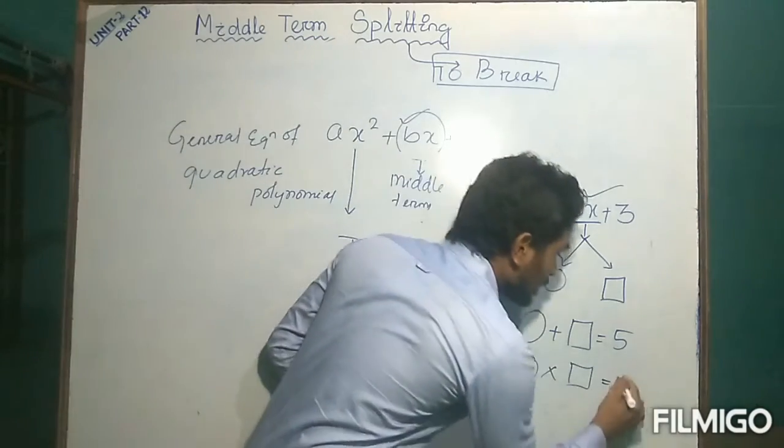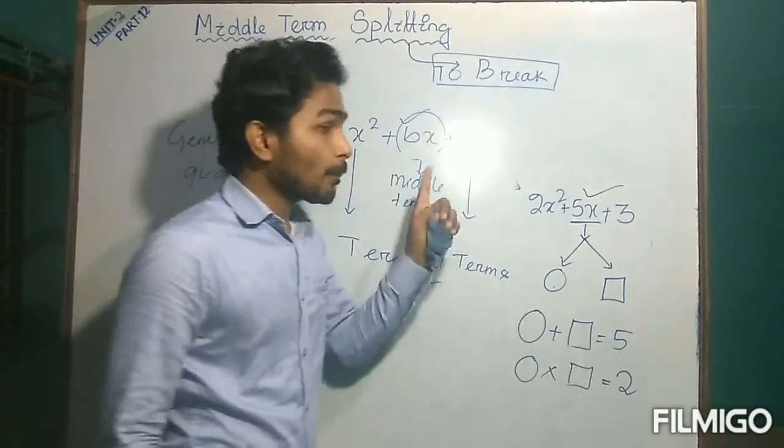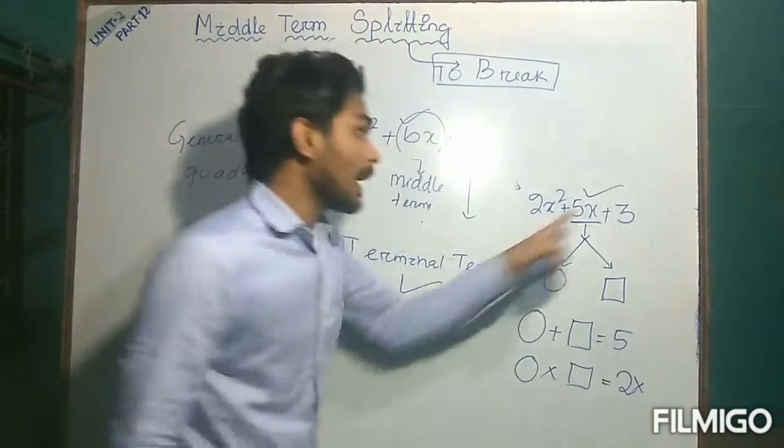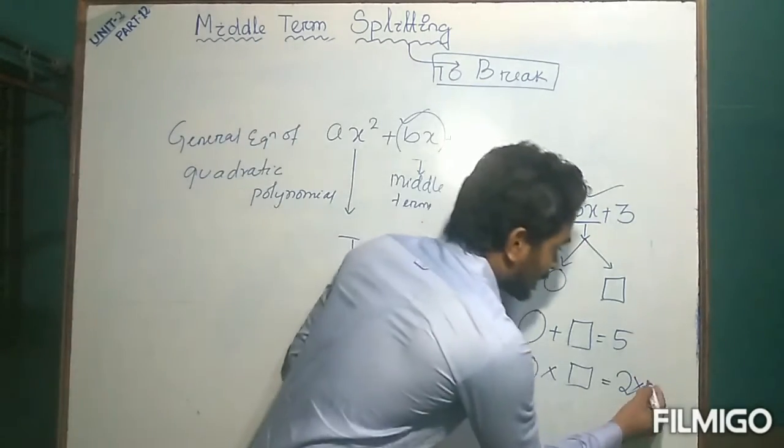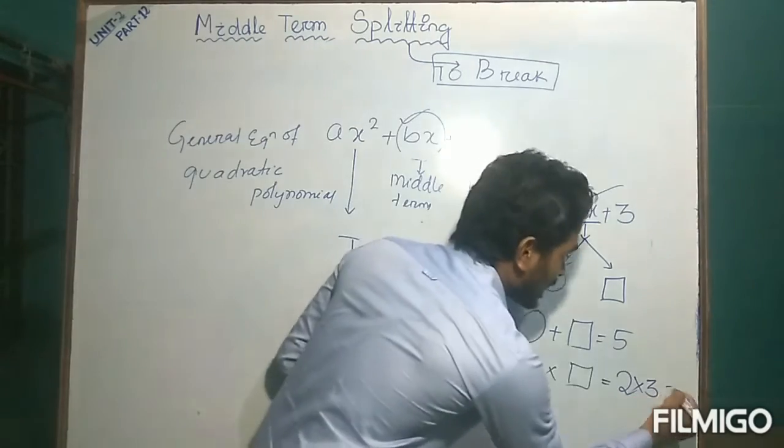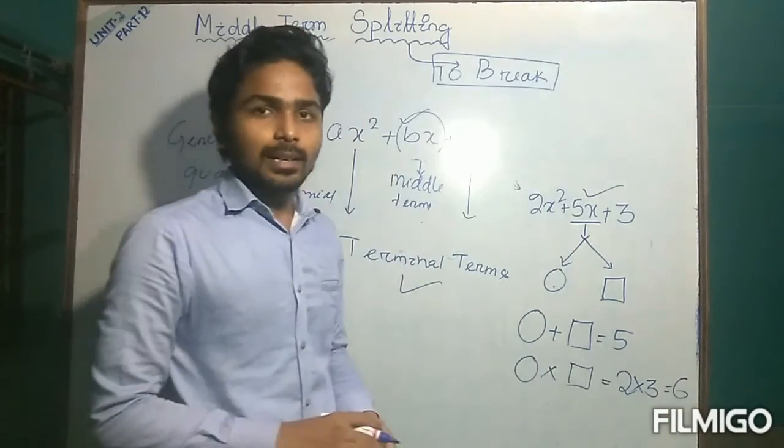Here the coefficient of x square is 2 and the constant is 3, so they will give 6.